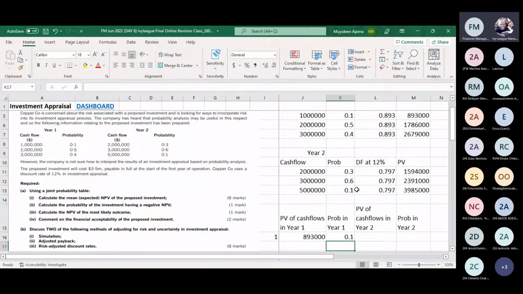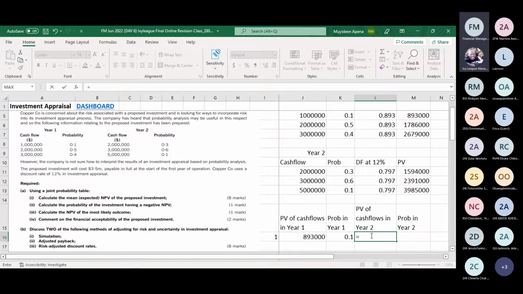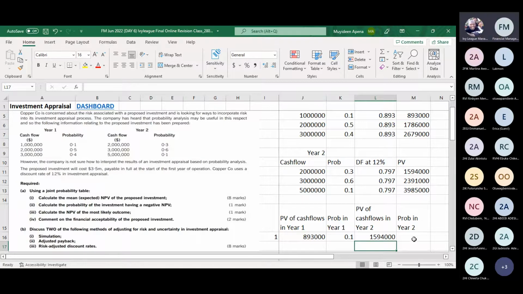There's a likelihood that in year 2, the company will have a present value of 1,594,000 at a probability of 30%. That's scenario 1.